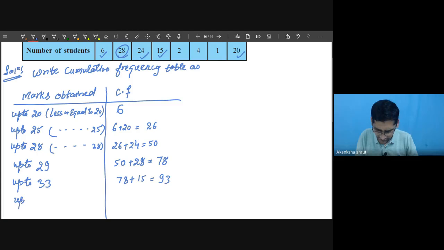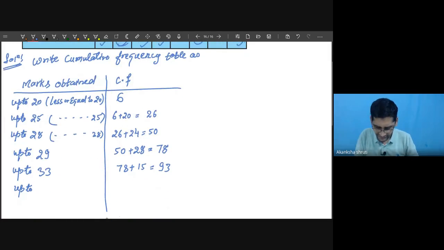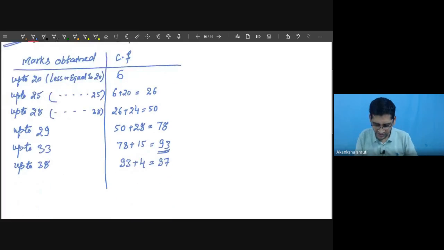Then you need to go for up to 38, which is the next one after 33, with frequency 4. So the 93 that you will take, and in this you add the 4 to become 97. After this we have the 42.